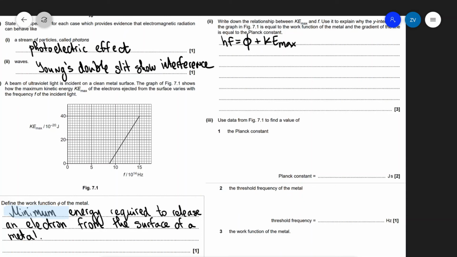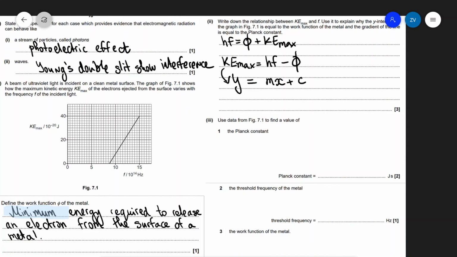So just doing that, we're going to get that K max is equal to hf minus phi, and we can then perform y equals mx plus c analysis directly underneath. So we can write down y is equal to mx plus c, and we can see that K max is on the y-axis.